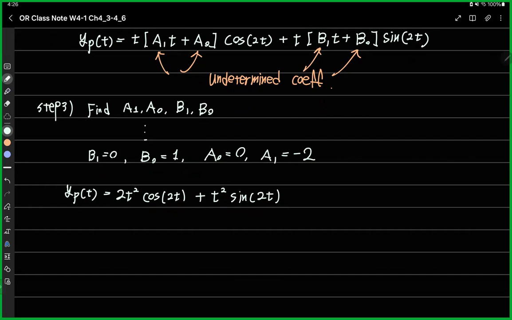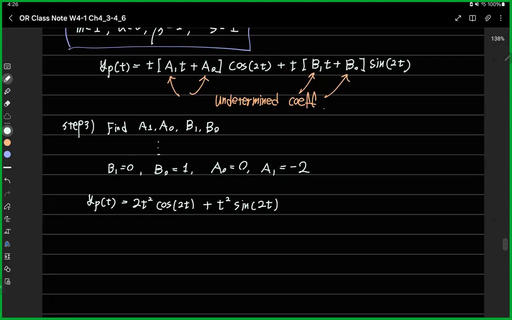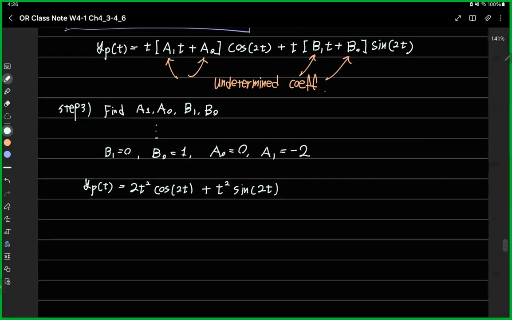So this is just a specific solution, but we need to find the general solution. How can you find it? What we did so far was to find a solution to the non-homogeneous equation.